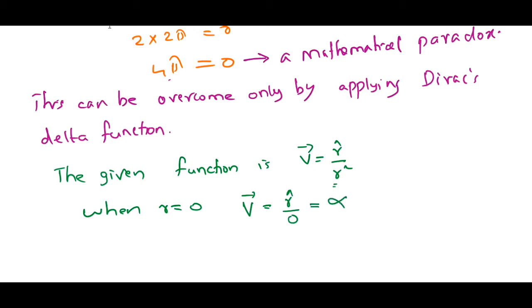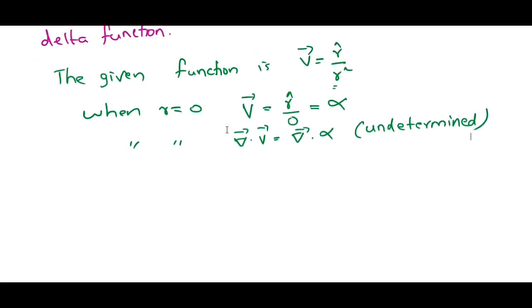Then if I take the divergence at r equal to 0, that is the divergence of infinity, it is undetermined. That is, this function has a non-zero divergence.